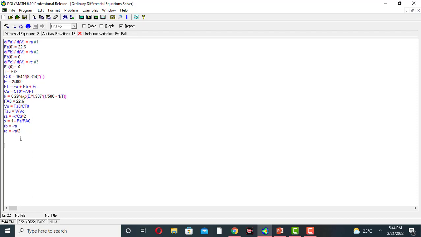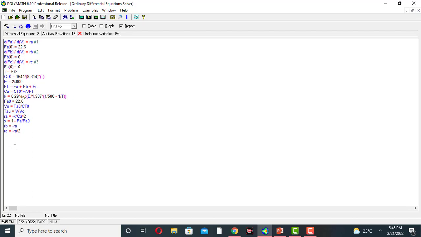Everything will be small. If you want to write everything in capital, you can also use that. So this is the small FA naught.